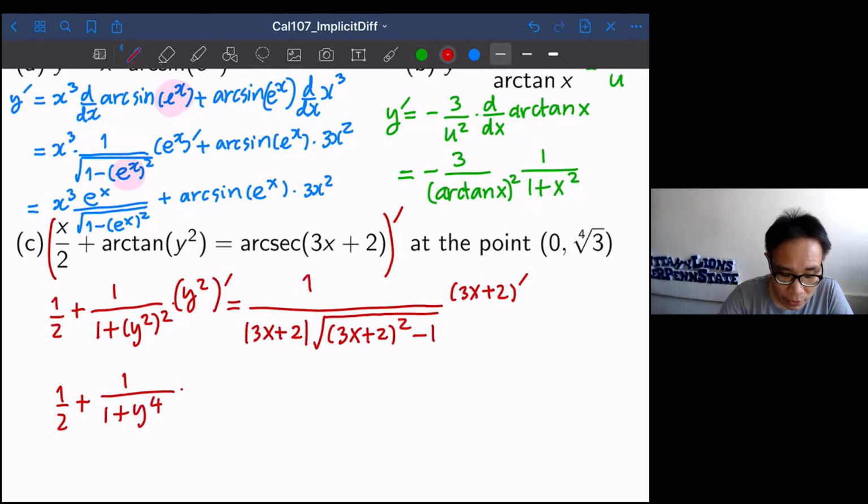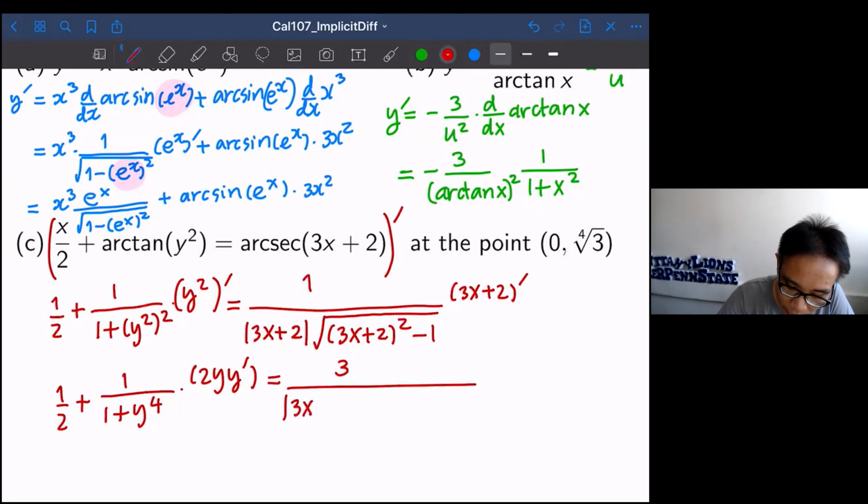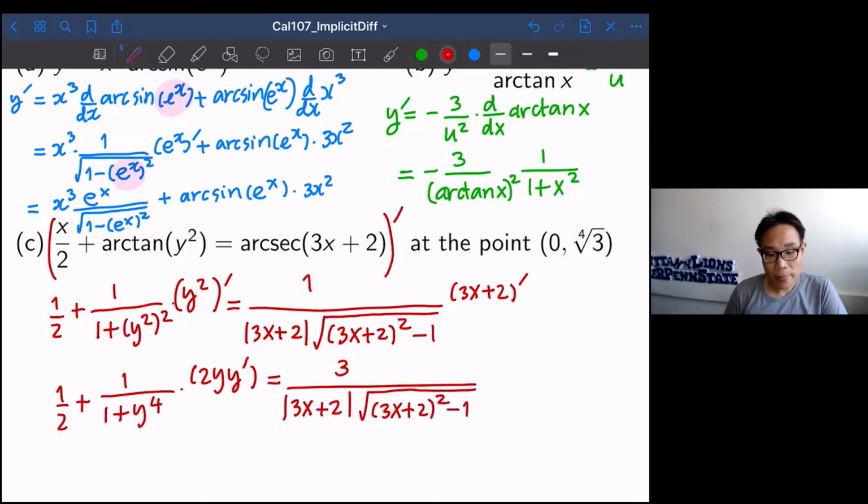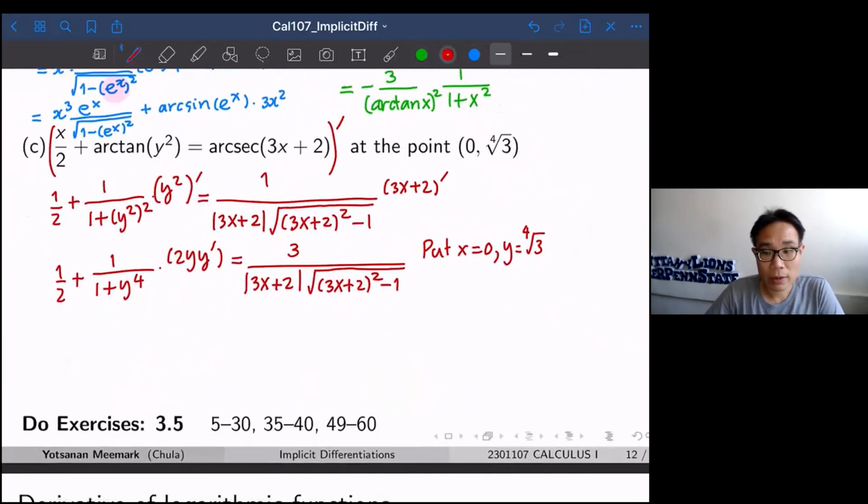Okay, and you differentiate this term, it's going to turn out to be 2y prime equal to, okay, so you have 3 over the absolute value of 3x plus 2 times the square root of 3x plus 2 squared minus 1, okay, and then we're going to put x equal to 0 and y equal to the fourth root of 3 into the thing that you have computed so far.